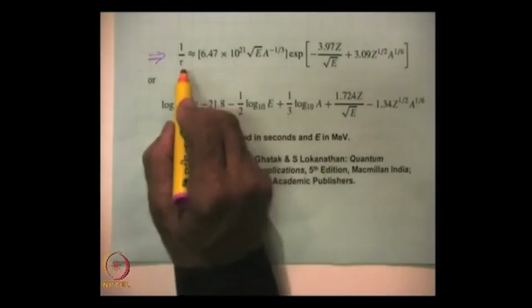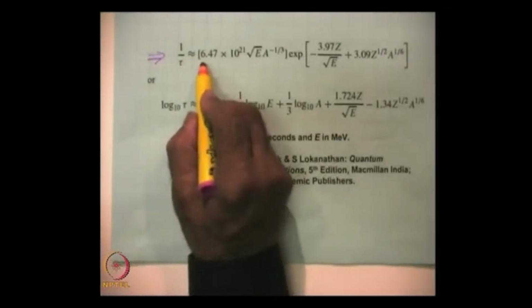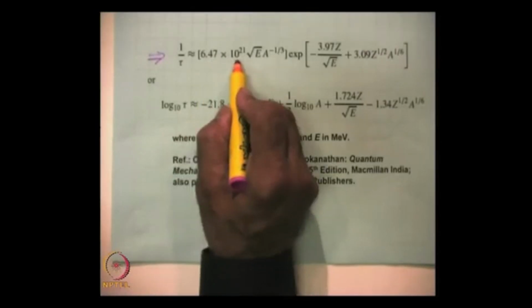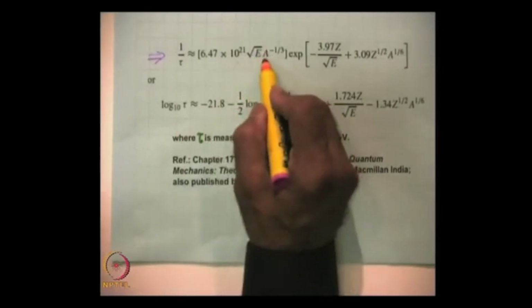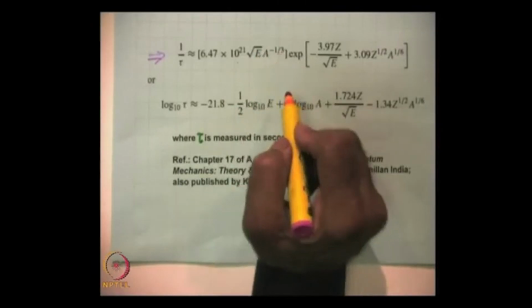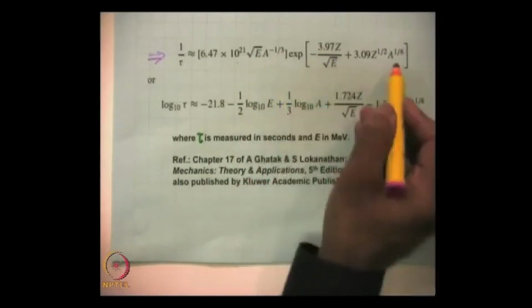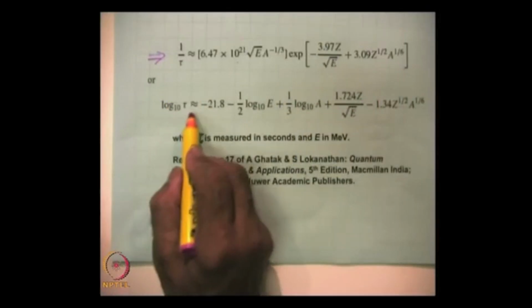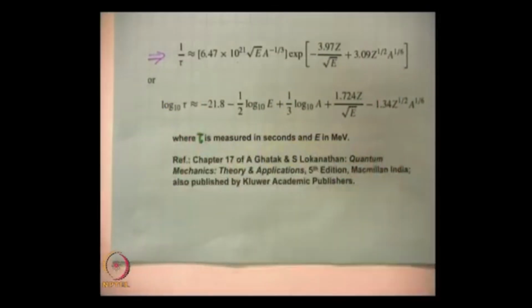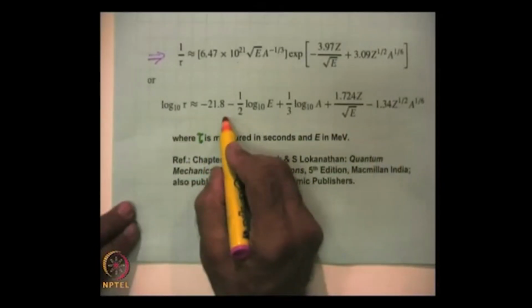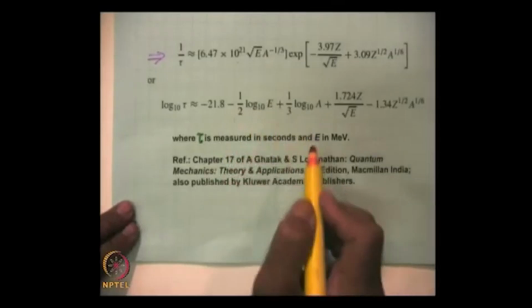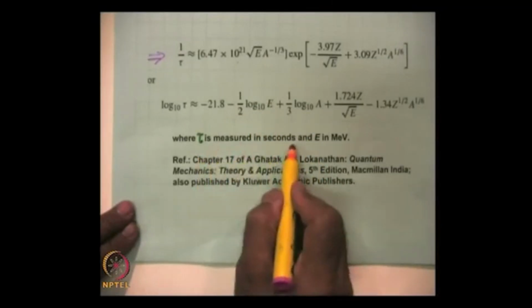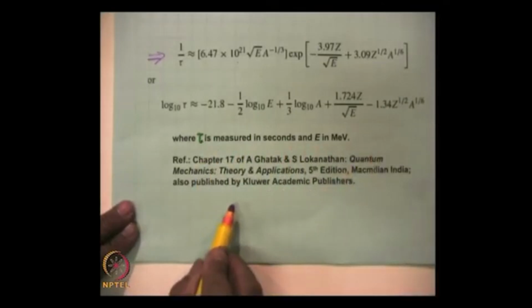Here I will read it out: 1/tau is equal to 6.47 into 10 to the power of 21 square root of E, where E is measured in MeV, A is the mass number of the nucleus, A to the power of minus 1 by 3 exponential so much, and if you take the log to the base 10, then you get this approximate expression, minus 21.8 minus 1/2 log 10, where tau is measured in seconds and E is measured in MeV.